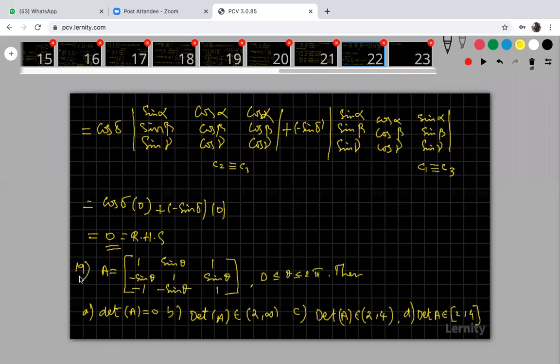This is question number 19, Miscellaneous Exercise.